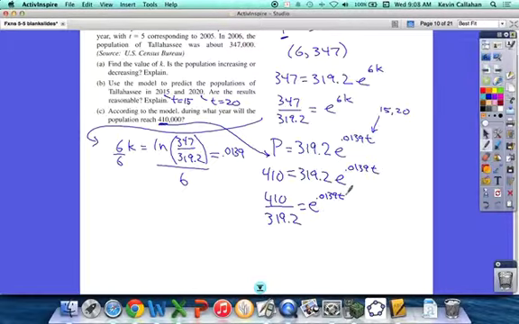Take the log of both sides. Divide by 0.0139.